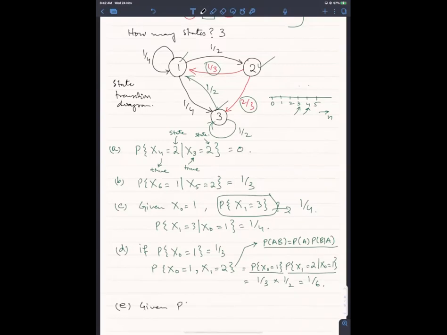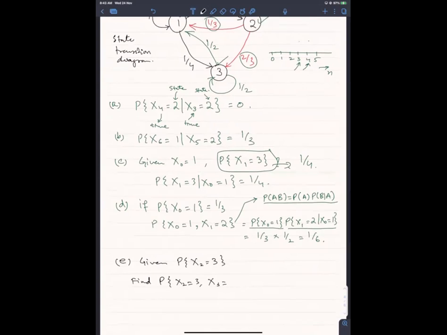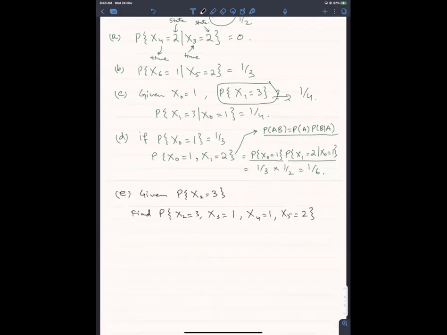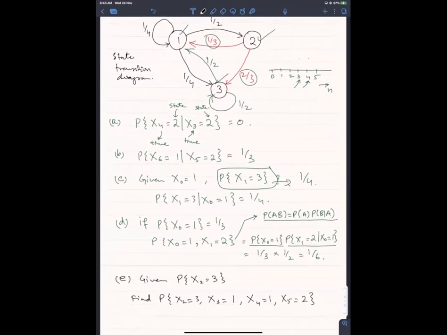Given probability of x2 is equal to 3, find the probability x2 is equal to 3, x3 is equal to 1 and x4 is equal to 1, x5 is equal to 2. This probability has to be found out. Who will answer this question? I have also put the state transition diagram up on the screen.